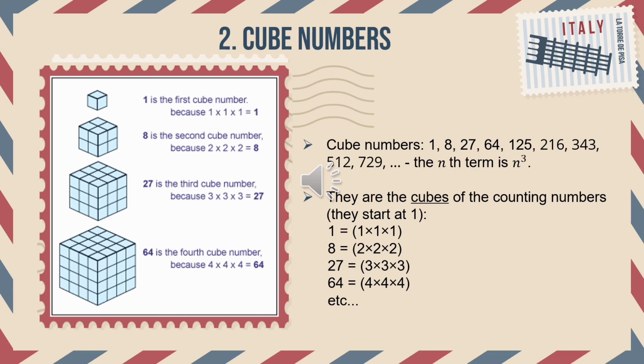And then 8 is the second cube number because 2 times 2 times 2 is 8, and the shape is like this. 27 is the third cube number because 3 times 3 times 3 is 27, and the shape is like this. Then 64 is the fourth cube number because 4 times 4 times 4 is 64, and the shape is like this. Okay? Understand?